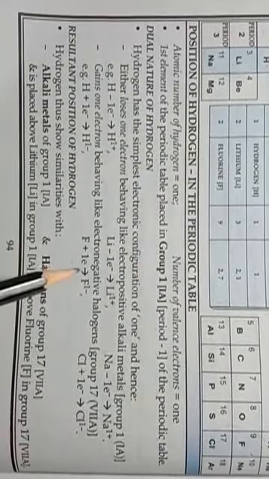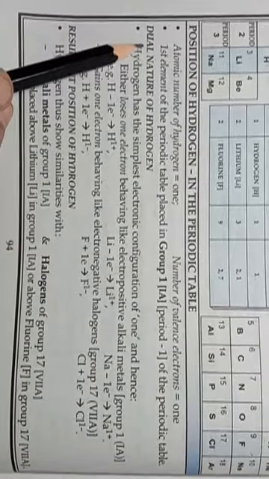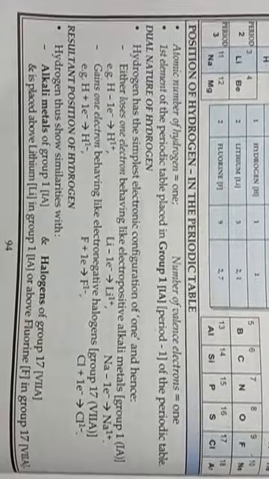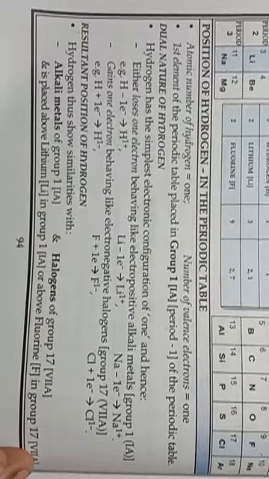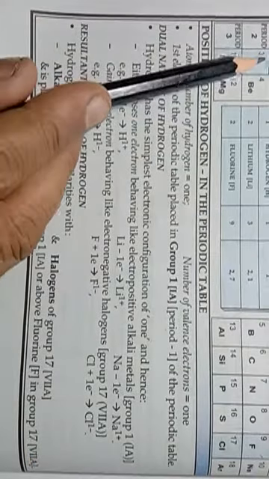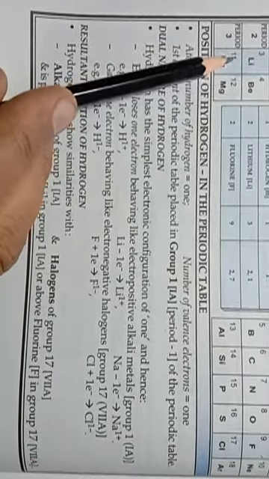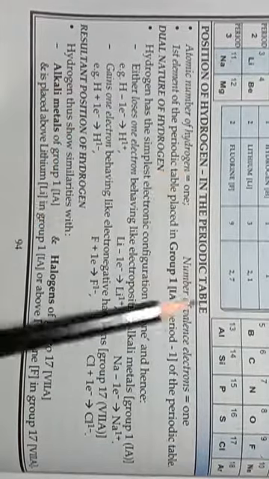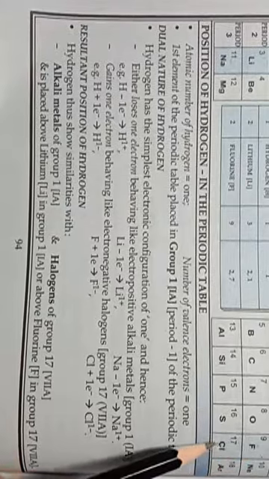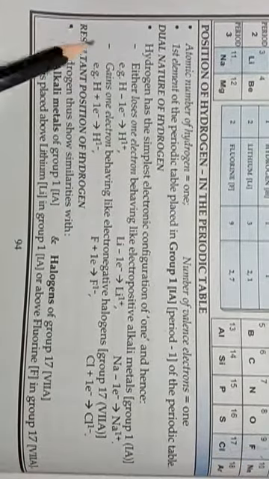Next heading is dual nature of hydrogen. Hydrogen shows resemblance in properties with the metals of the first group, and in some other properties it shows resemblance with the non-metals or halogens of 17th group.